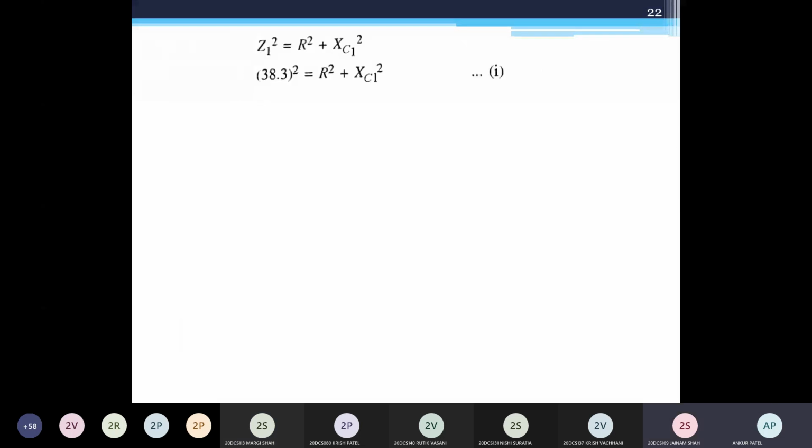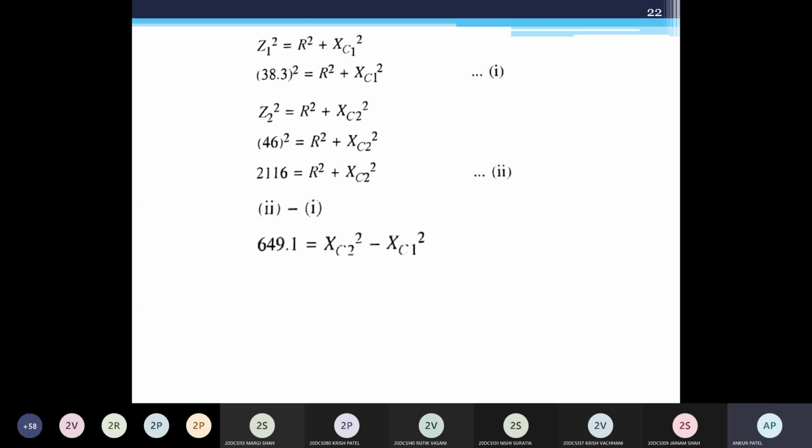So we know Z equals the square root of R squared plus X squared. So we can write Z1 squared is equal to R squared plus XC1 squared. By substituting the value of Z, we have equation 1. Same for equation 2: Z2 squared equals R squared plus XC2 squared, so we have 2116 is equal to R squared plus XC2 squared. So here we have two equations. Now subtract equation 1 from 2.